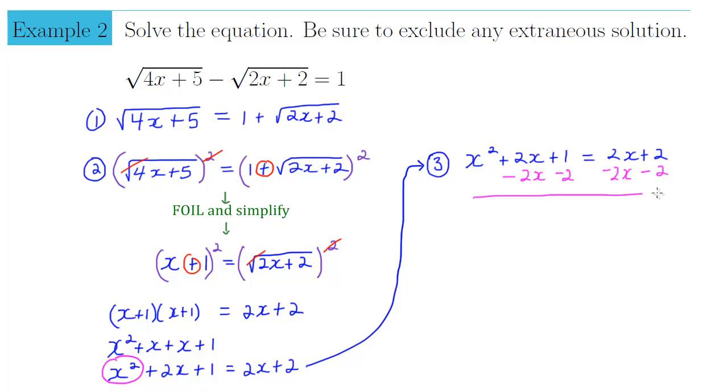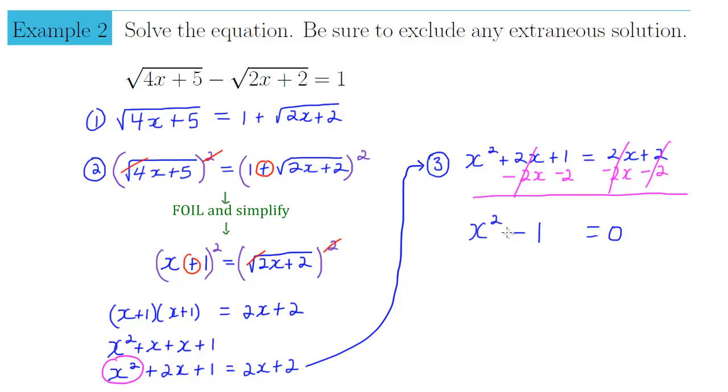So what happens when I move everything to the left side? Well, these are going to go away. I'm going to be left with 0 on the right. And then over here, I have x squared. 2x minus 2x is 0, so it's gone. And then 1 minus 2 is negative 1. X squared minus 1 equals 0. This is actually very easy to factor, right?